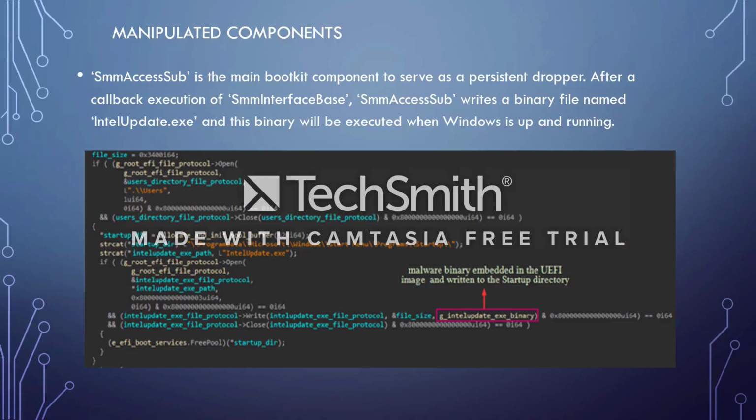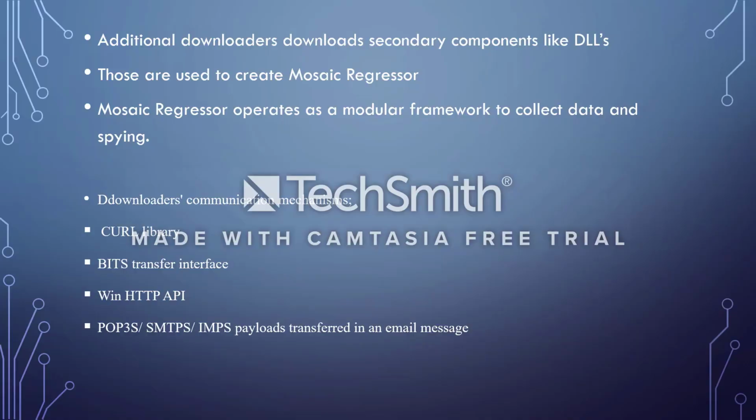The last manipulated component is SMM access sub, which is the main bootkit component serving as a persistent dropper. After a callback execution of SMM interface base, this component writes a binary file named Intel update, and this binary will be executed when Windows is up and running. The malware consists of additional downloaders to get and execute secondary components such as DLLs.